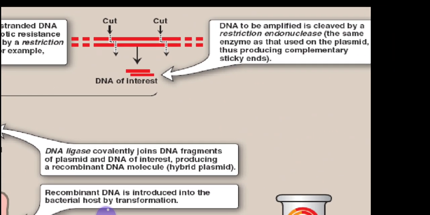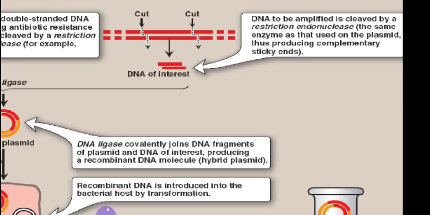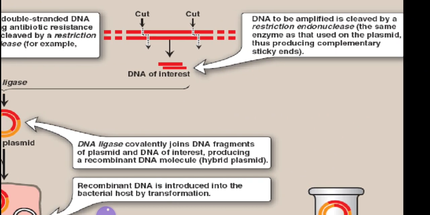Now, the DNA which we want to insert in the plasmid is amplified. The DNA to be amplified is cleaved by the restriction endonucleases. The same enzyme is used to cut the plasmid, and the same enzyme is used to cut the DNA of interest.